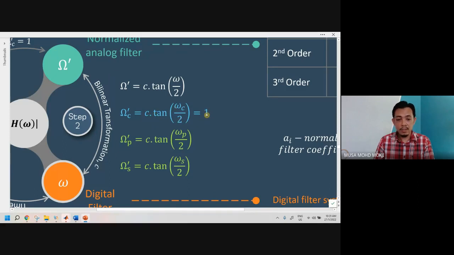We already know the value of this one, because this is a normalized frequency equal to 1. Then you replace this one with 0.3 pi. Then what is C? C is just 1 over tangent 0.3 pi divided by 2. Then you will get a value of C.